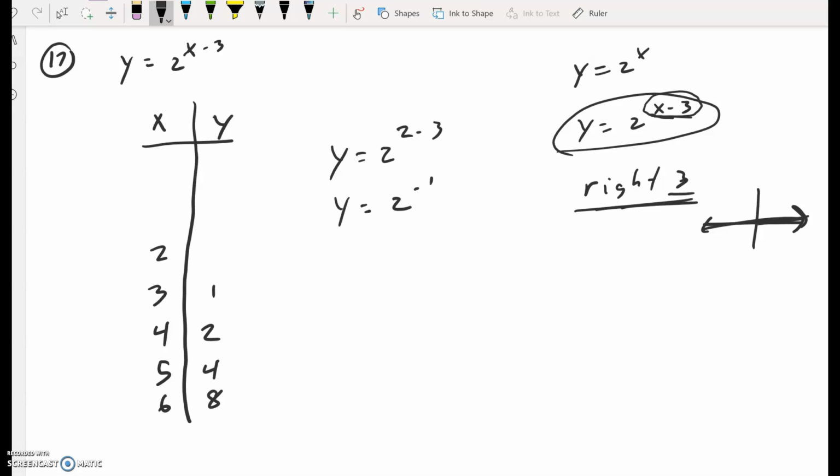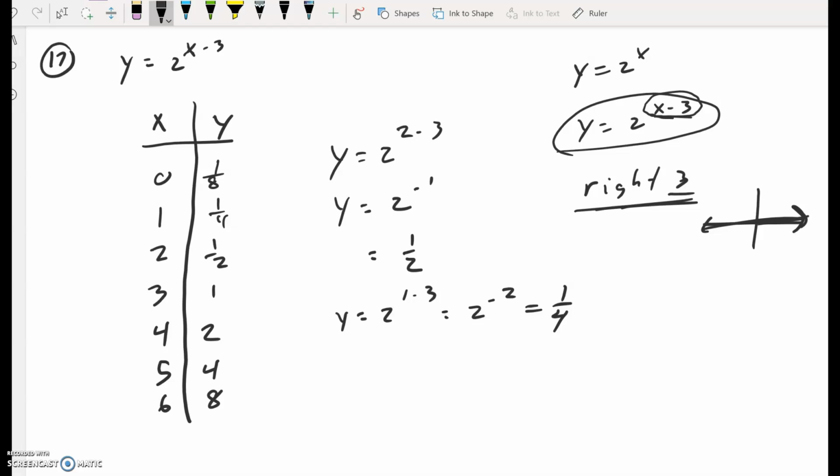Because we get 2 to the negative 1 power, which is 1/2. And when we put in 1 for x, we get 2 to the negative 2 power, which is 1/4. And one more, if we were to put in 0 for x, we get 2 to the negative 3rd power, which is 1/8.